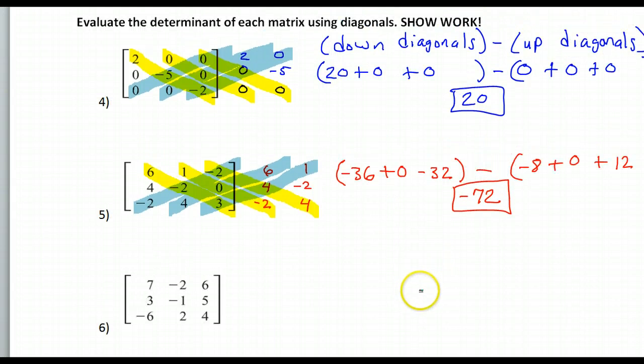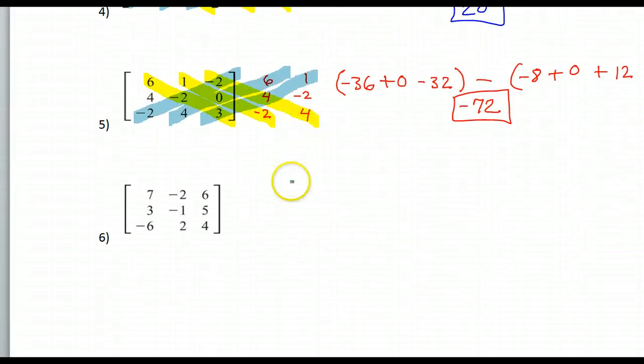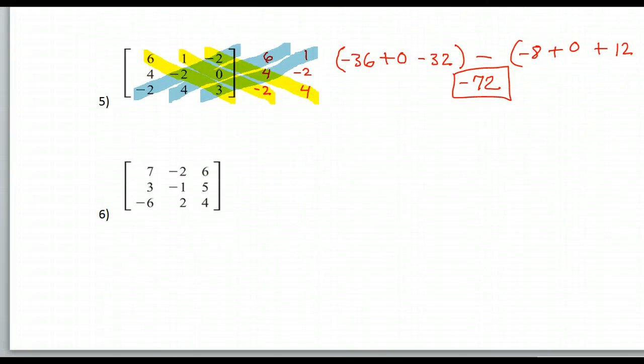So this is how you find the determinant of a 3 by 3 matrix using diagonals. Let's do one last example. I think I'll switch to purple. Copying down those first two columns so that I'll have 7, 3, -6, and then I will have -2, -1, and 2.